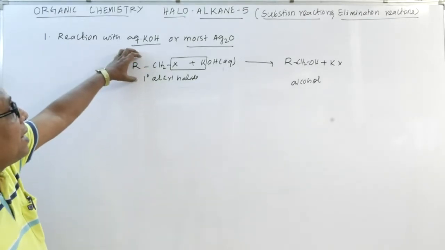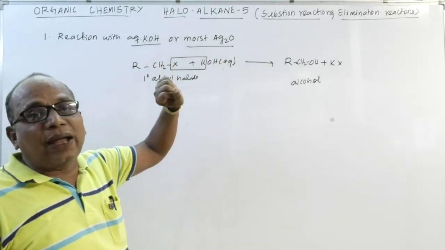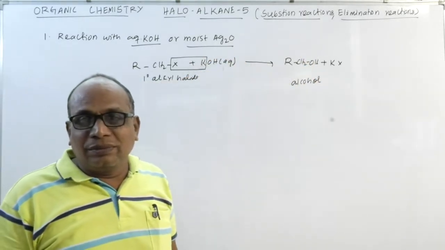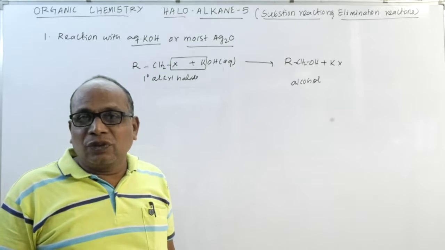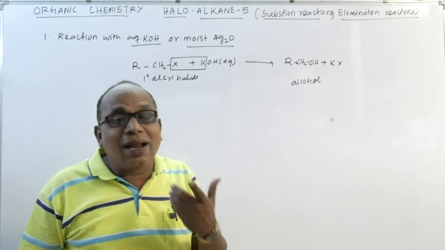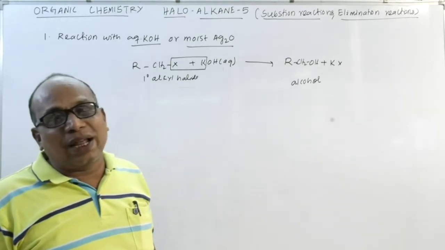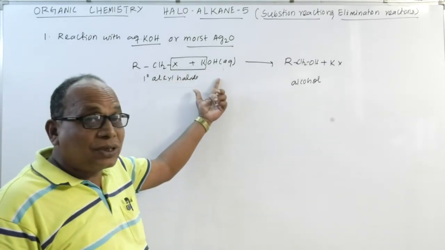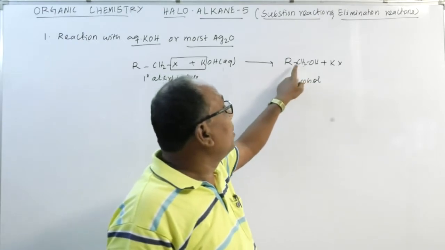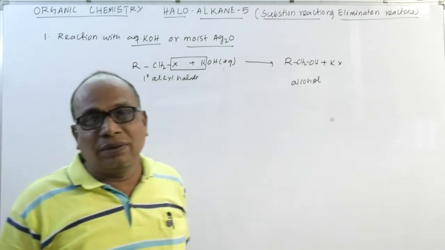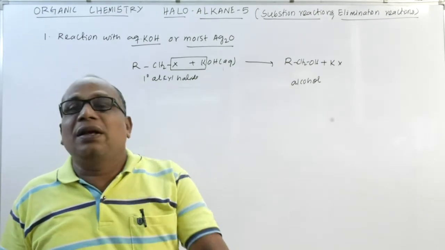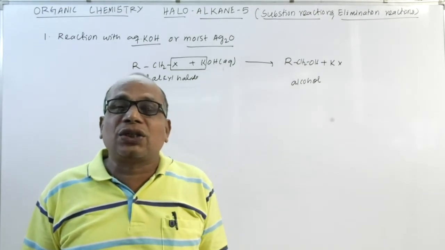When alkyl halide is treated with aqueous potassium hydroxide, it gives the corresponding alcohol, by simply substituting the halogen atom of the alkyl halide with the OH nucleophile.